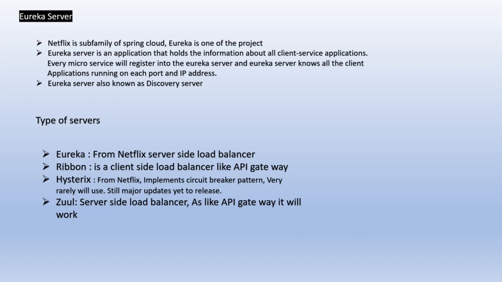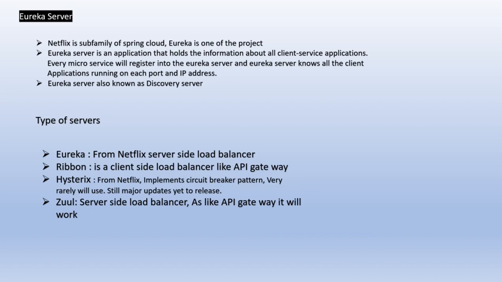That search will be available at Eureka, because the search service is registered at Eureka. Then Eureka server will identify the respective search mechanism and provide the response, and that same response will be passed to the API gateway, and the API gateway will pass it to the client.